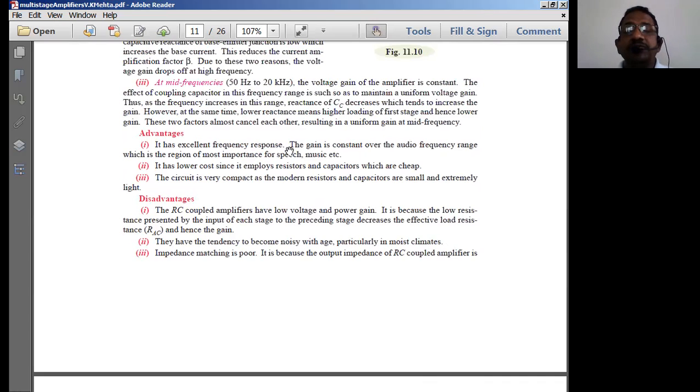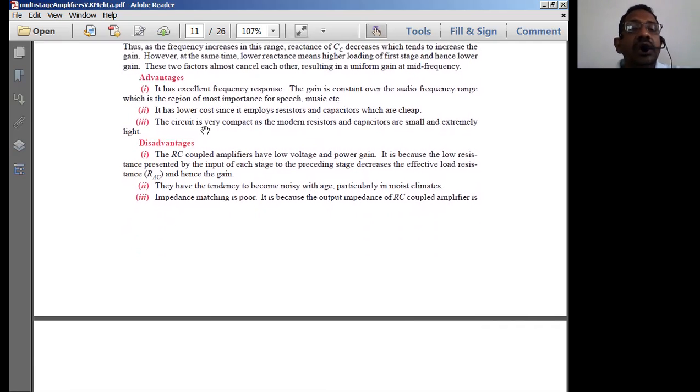The frequency response is very good. That means the system is transmitting a large range of frequencies equally. The gain is going to be equal. So the gain is constant over the audio frequency range, which is the region of most importance for speech and music signals. It has lower cost because it requires only resistors and capacitors.